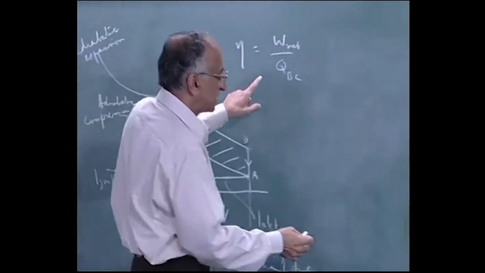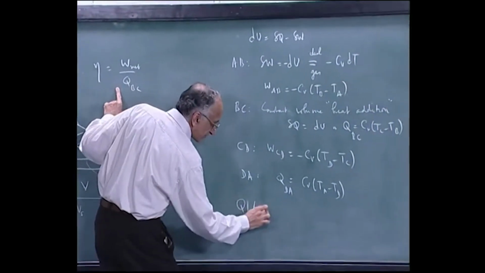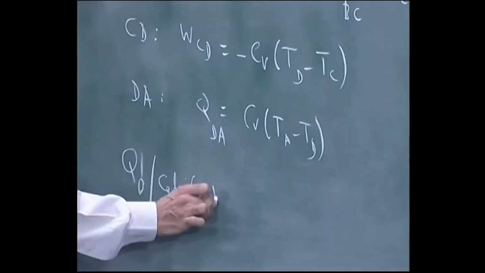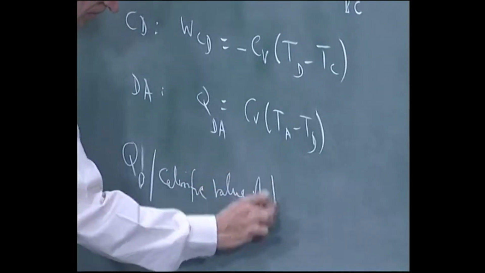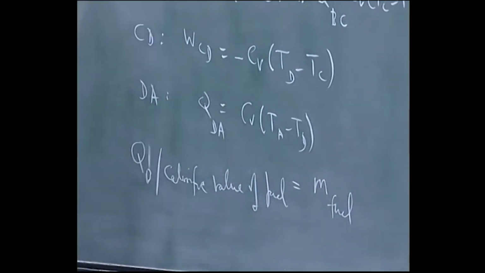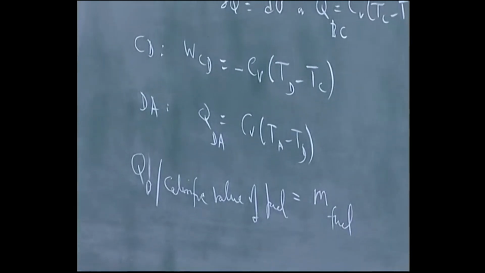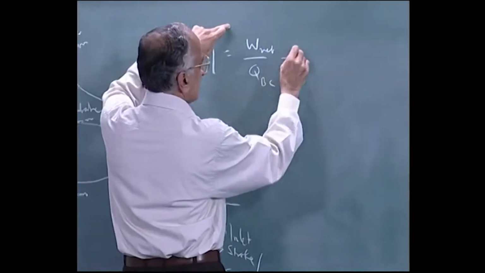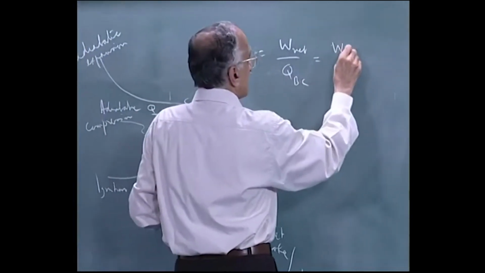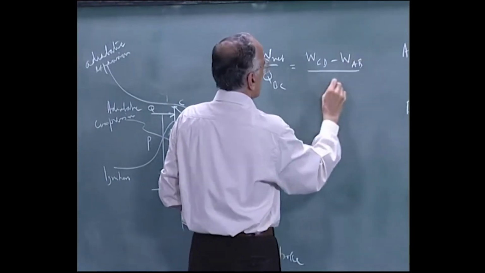So remember, QBC by calorific value of fuel will give me mass of fuel. So if I want work done per unit fuel consumption, I will essentially have to calculate W net. W net is essentially WCD minus WAB by QBC.